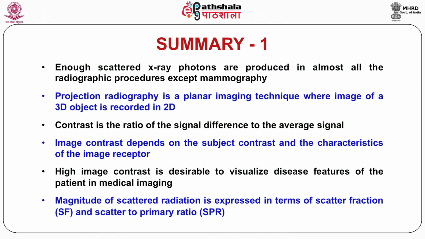The magnitude of scattered radiation is expressed in terms of a scatter fraction SF and a scattered to primary ratio SPR.